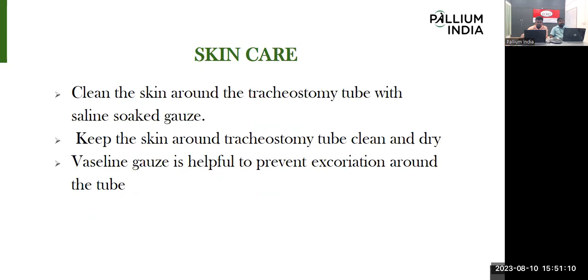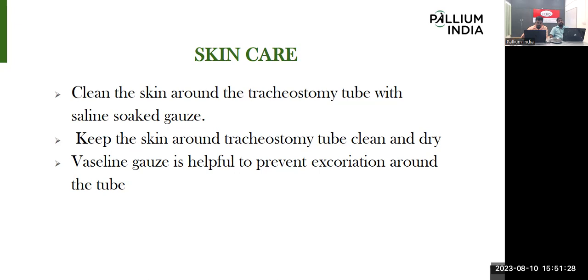Similarly, here also there is a stoma, so proper skin care is needed. Clean the skin surrounding the tracheostomy tube very thoroughly with saline soaked gauze, then keep the skin around the tube clean and very dry.